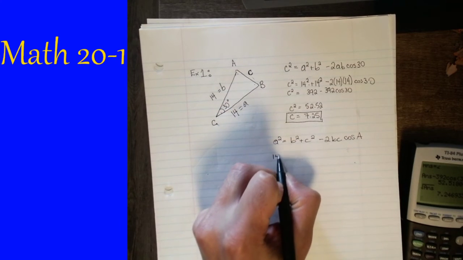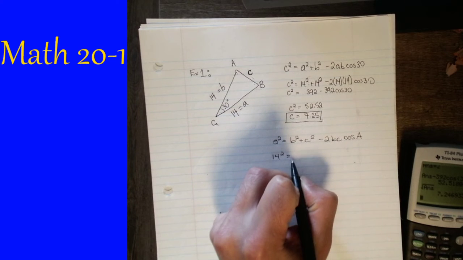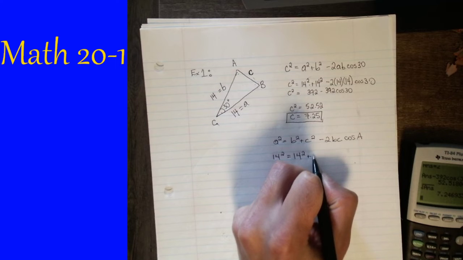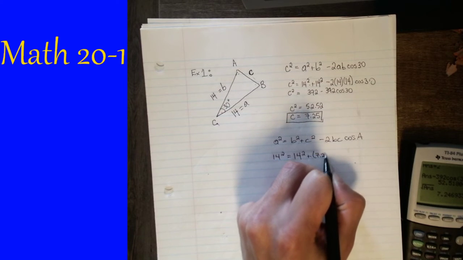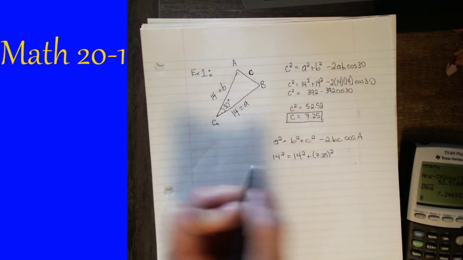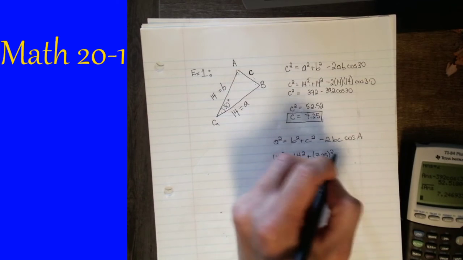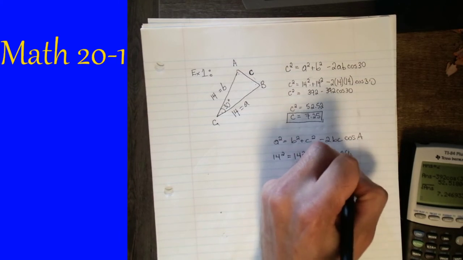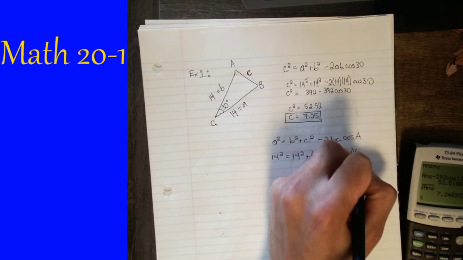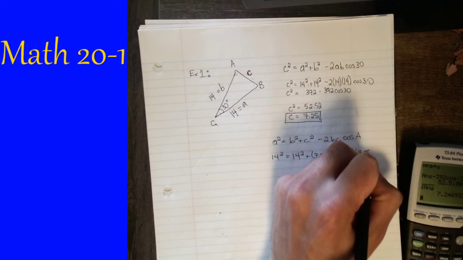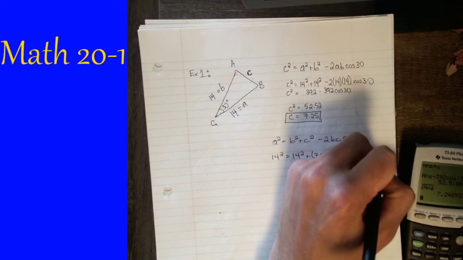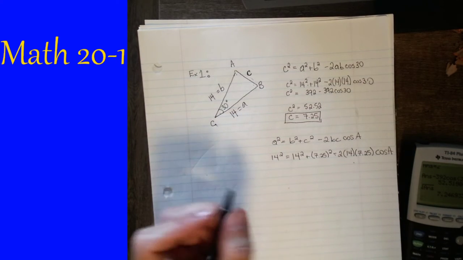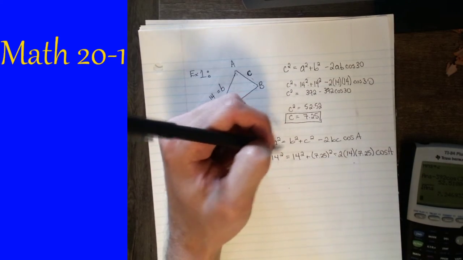So we have 14 squared is equal to 14 squared plus this 7.25 squared, that's this number here, minus 2 times 14 times 7.25 cosine of A. Now we just rearrange this particular formula.